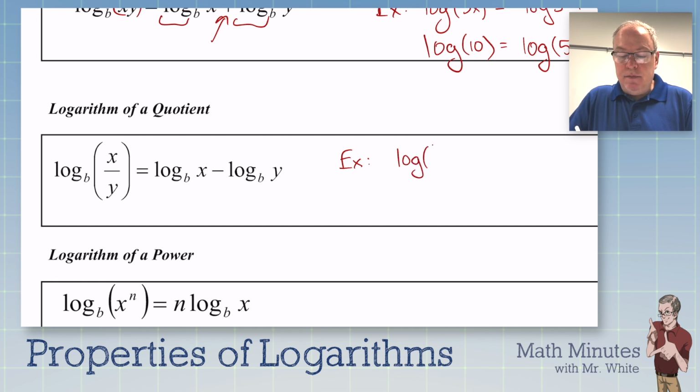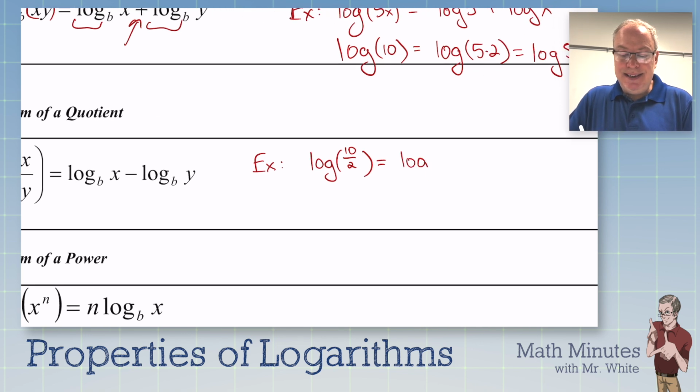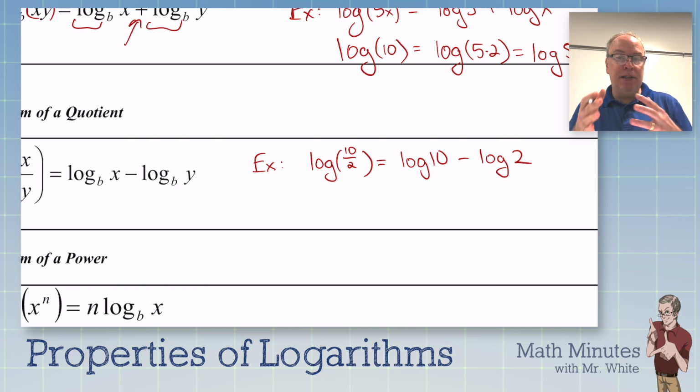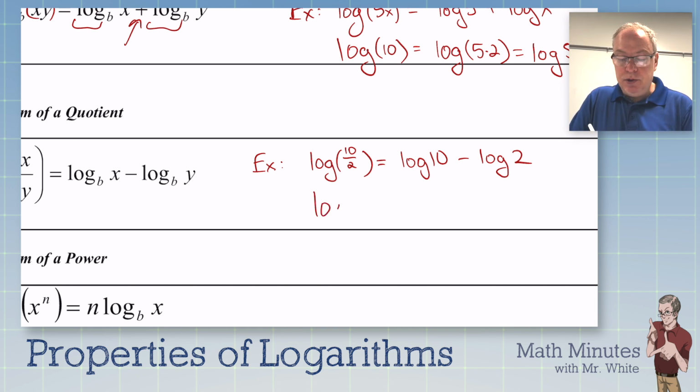So log of 10 divided by 2 would be log 10, which is 1, by the way, minus log 2. So you could try typing that in your calculator and see if it actually works out. Log 10 minus log 2, and then type in the log of 10 over 2, which is 5, by the way. With some variables, log of x over 3 would be log x minus log 3.